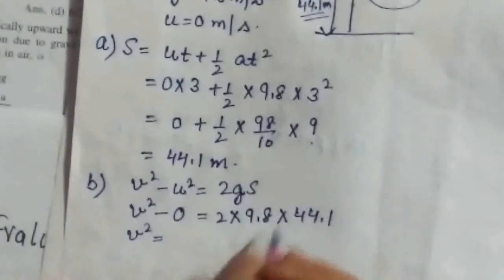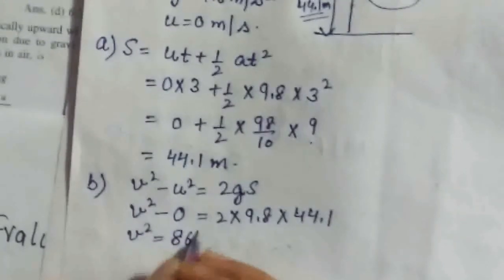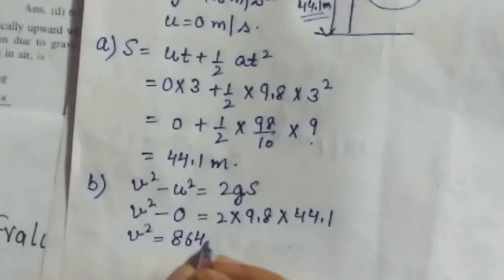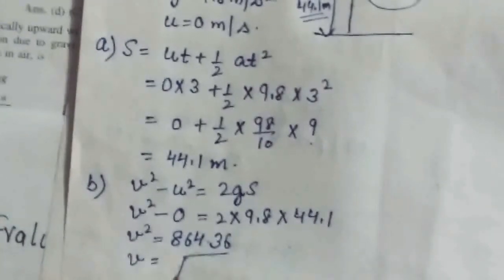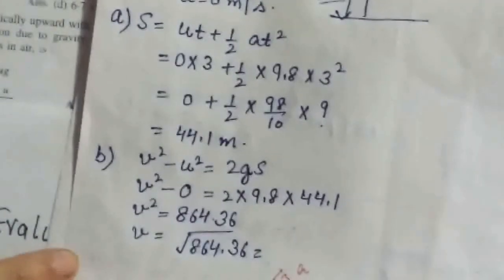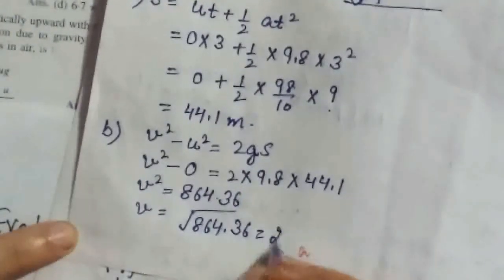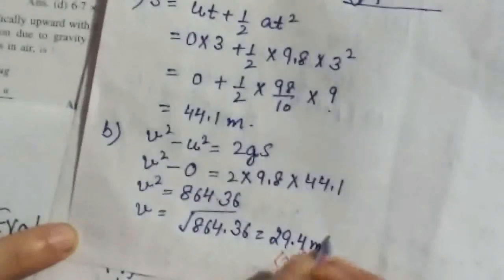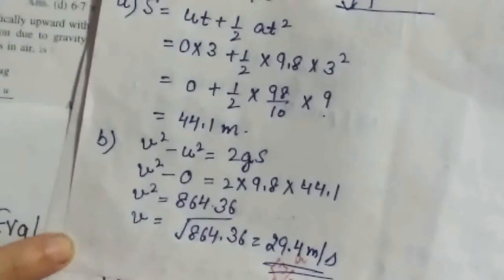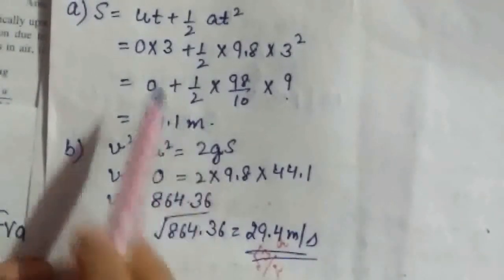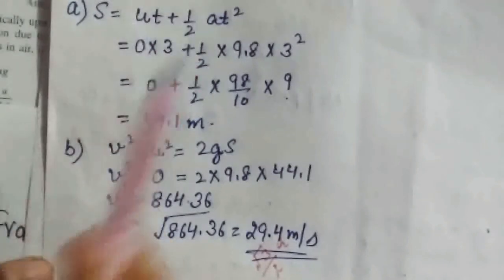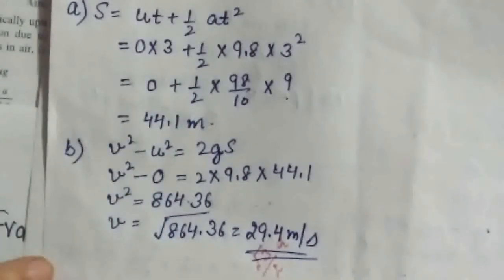You will find 864.36, and after taking its square root, you will get the answer 29.4 meter per second. This is your solution of question number 9. First of all, we have to calculate the height. Second is final velocity. Clear, students?